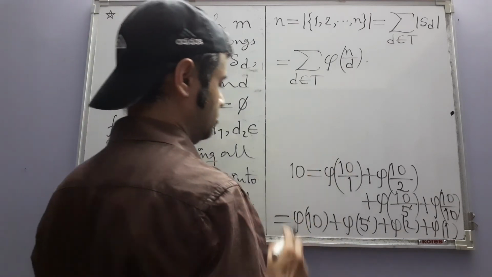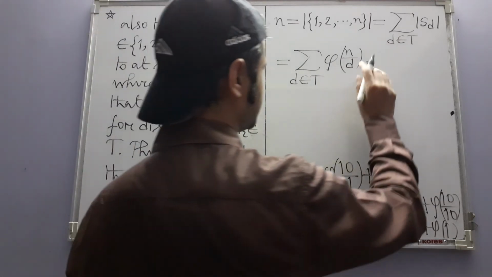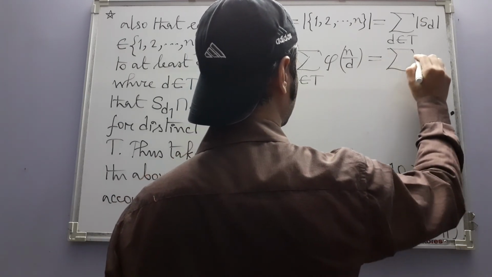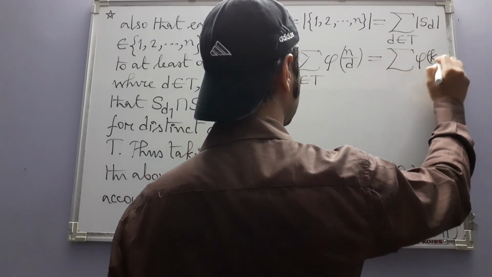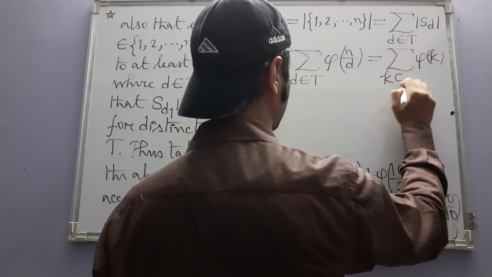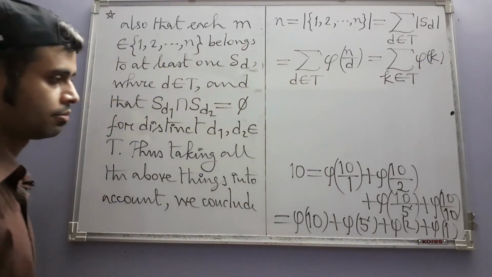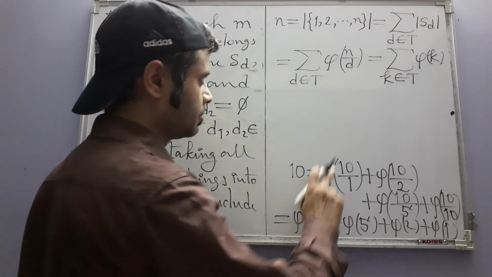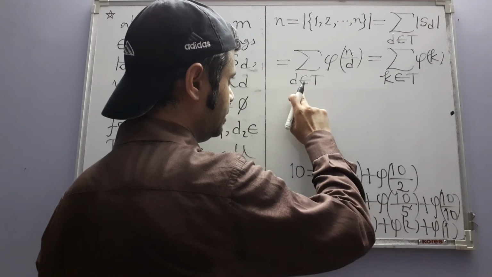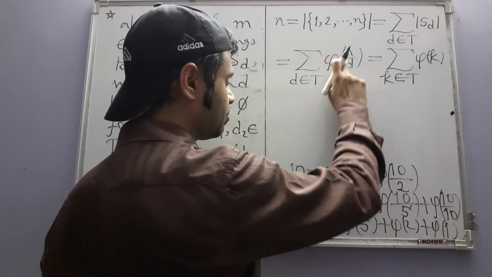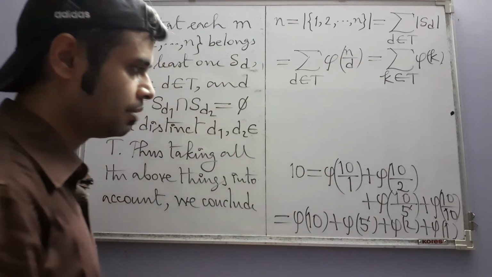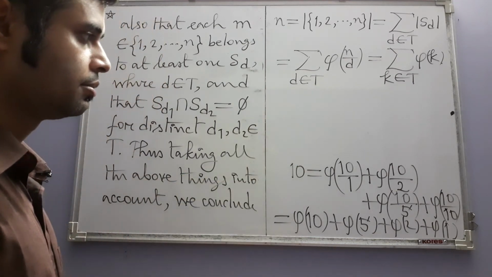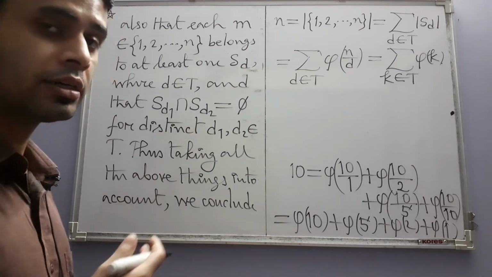So do you see that you can just simply write this equal to, I'm going to do two things here at once, okay. The reason is that here, as your D is varying over T, what you are seeing here is n divided by D, but then n divided by D also varies over T. The order is opposite.